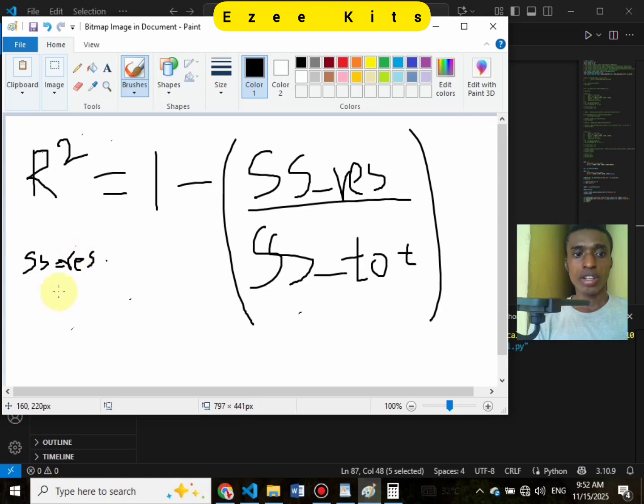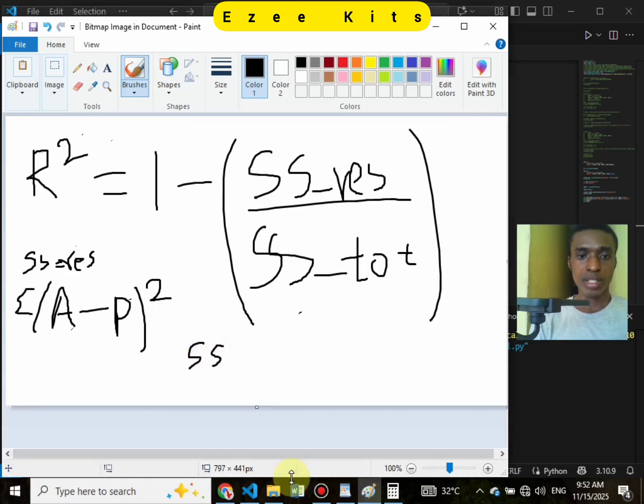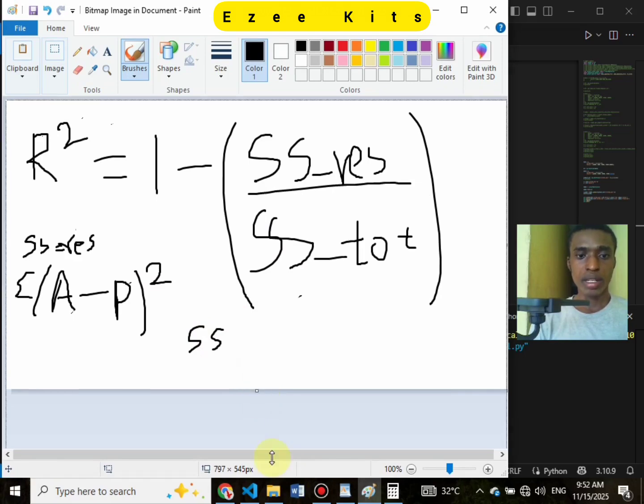So how is it represented? It's represented as the summation of the actual minus what is predicted, and then it's going to be squared. And for this SSx, sorry, my environment is not that big. I think I can make it bigger.